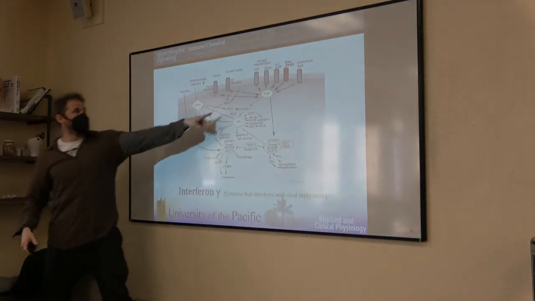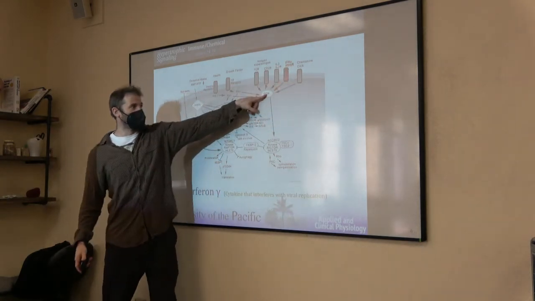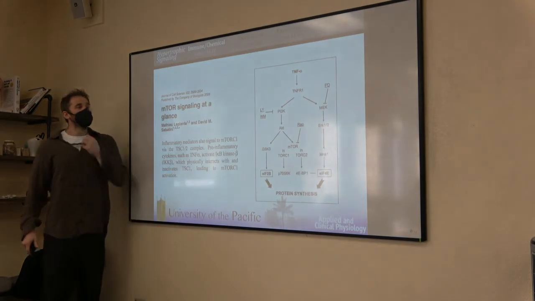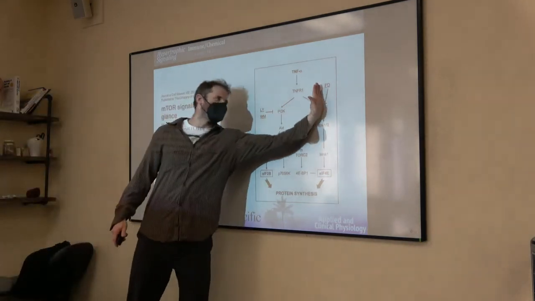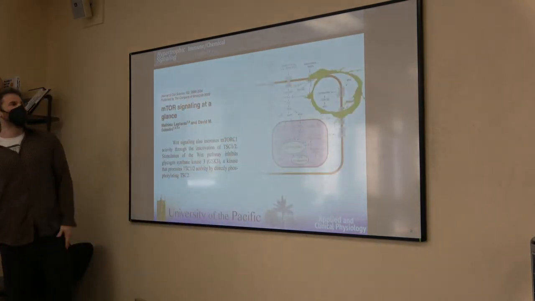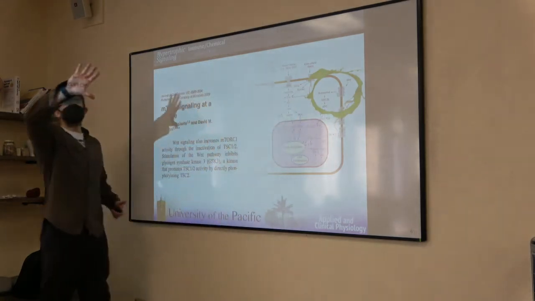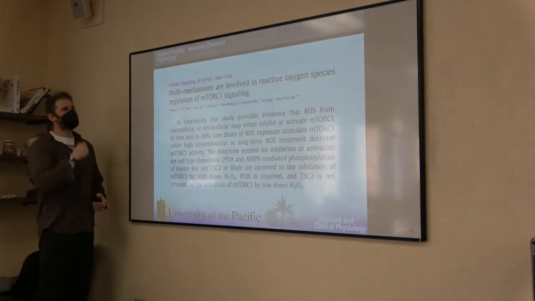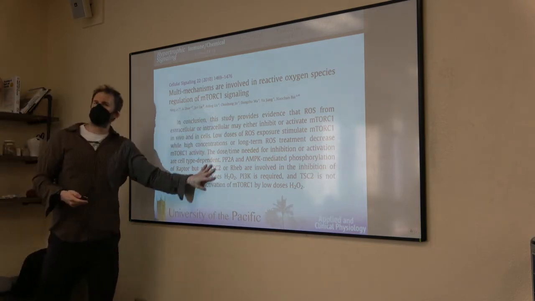Interferon gamma, there's PI3K, there's the receptor for interferon gamma going through PI3K. Tumor necrosis factor, there's PI3K and there's the MAPK pathway over there. The Wnt proteins going through glycogen synthase kinase 3 on its way to mTOR, to promote mTOR if you inhibit that.